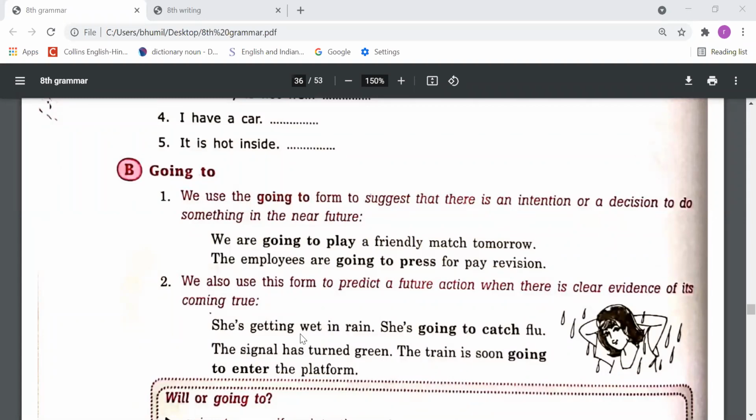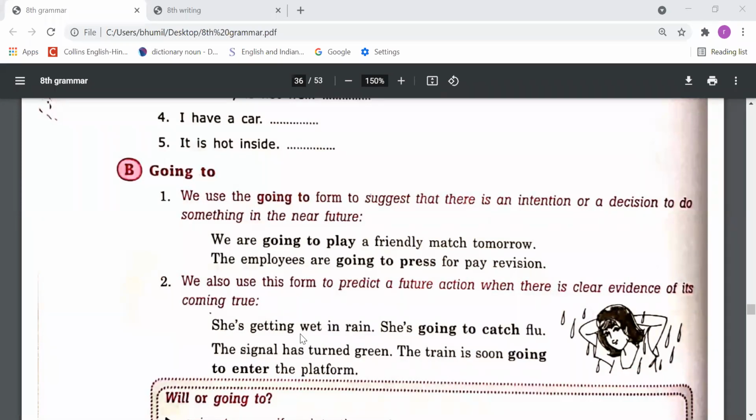Like someone says I will start a business, so it means he has decided he will start a business in the near future. So instead of saying I will start a new business, he or she can say I am going to start a new business, right? I will finish this book very soon. I'm going to finish this book very soon. Instead of shall or will, you can use going to when you have decided you will do something in the future.